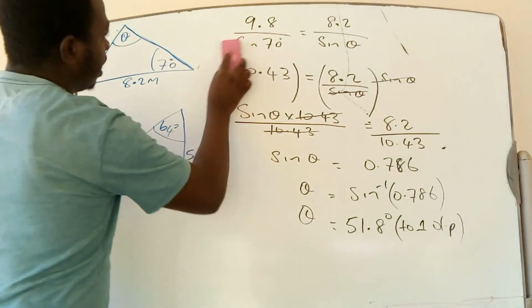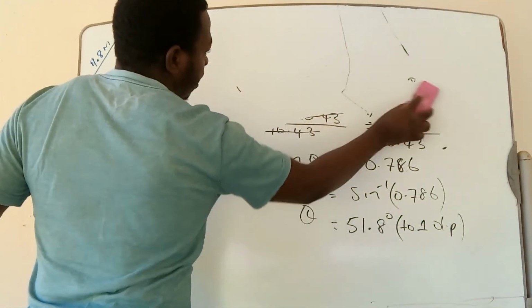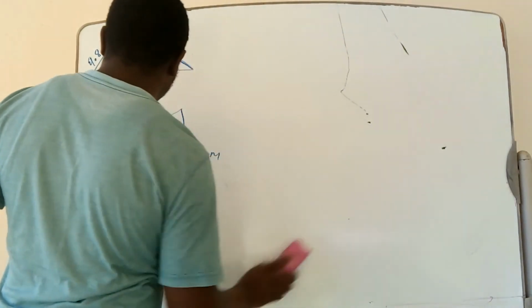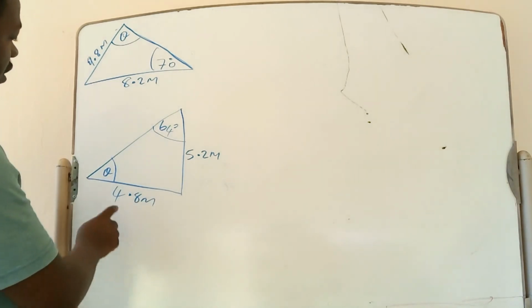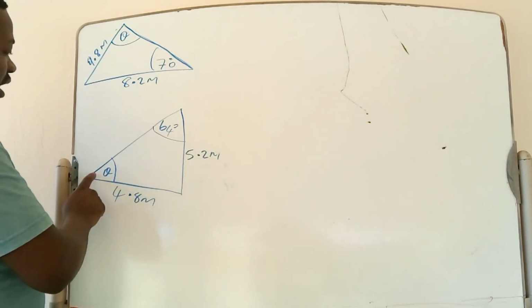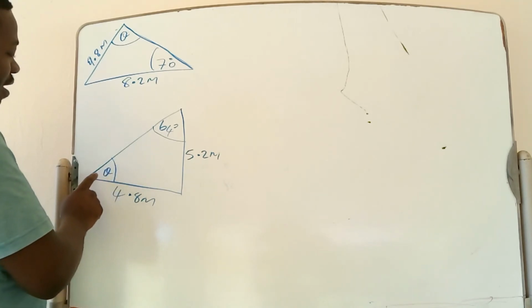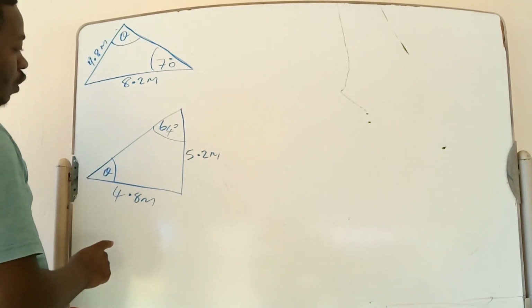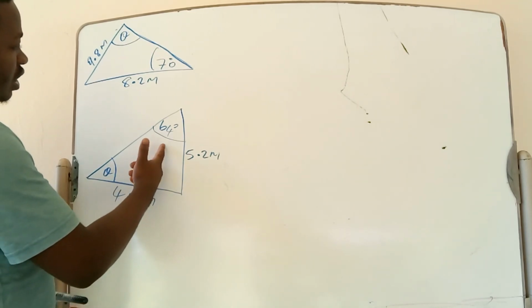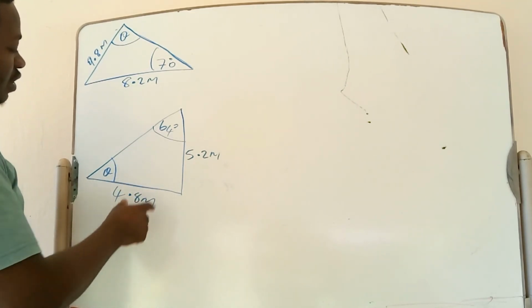So let's just look at the last example quickly. Now here we have the length of two sides, we have one angle, and we have an unknown angle. So here again we can just ratio the opposite side to the given angle, to the angle that is opposite to it.